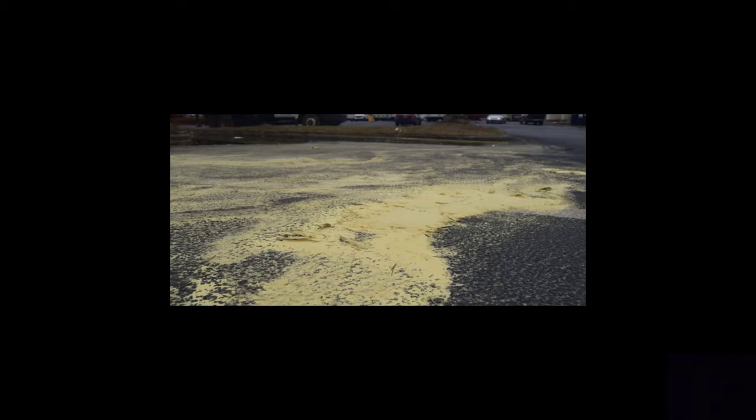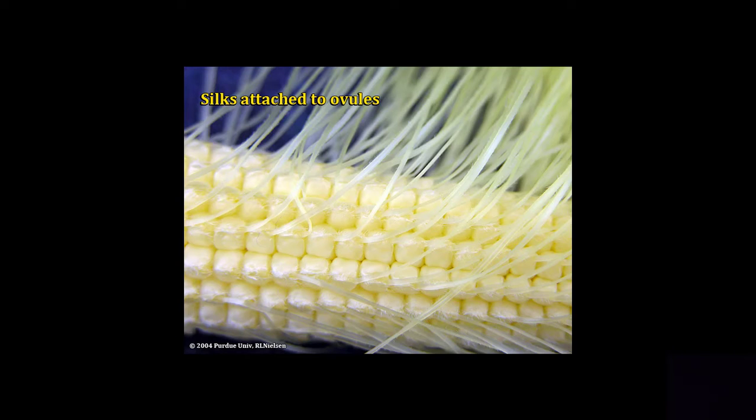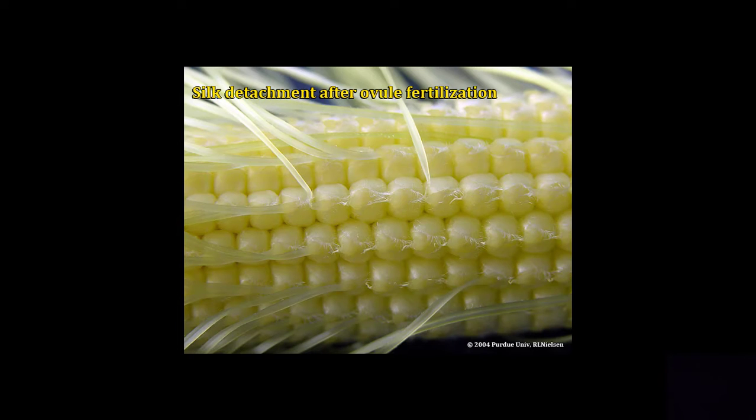A very small percentage land on receptive silks. When a pollen grain lands on a receptive silk, it sticks to it and sends a tubule into the silk, which grows and extends the entire length of the silk until it reaches an ovary, thus finishing the pollination process.